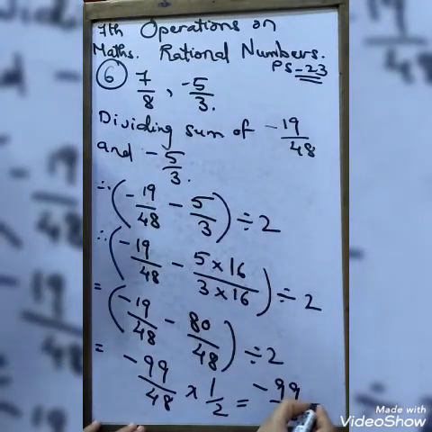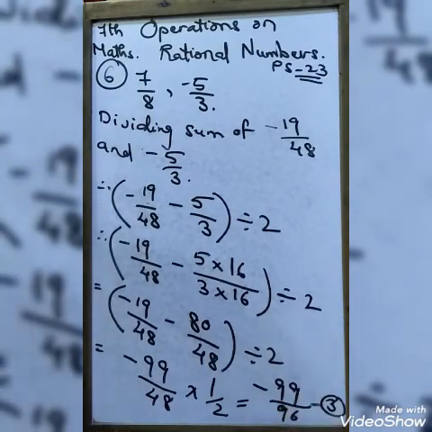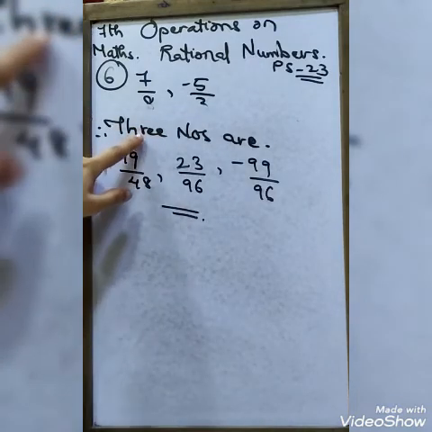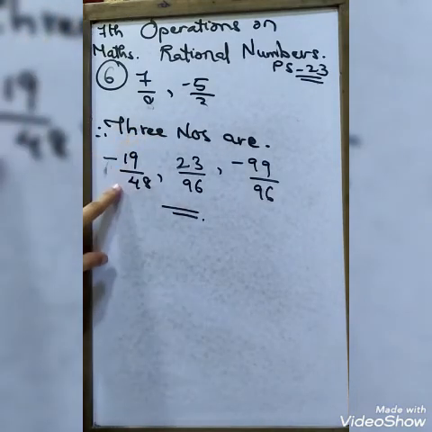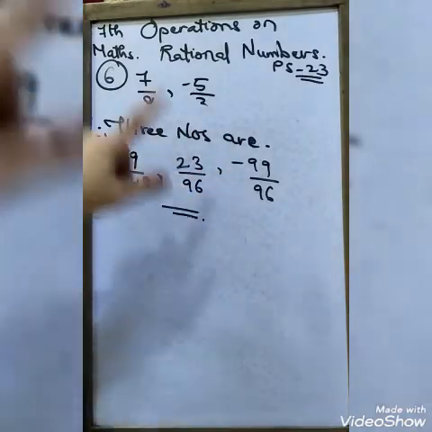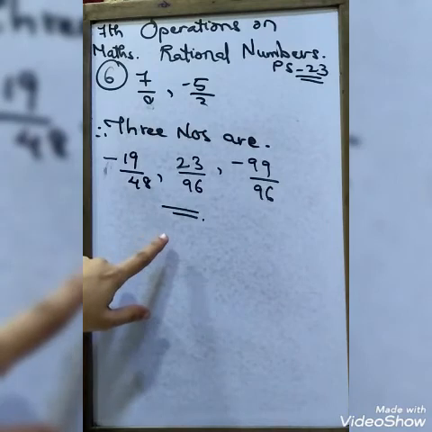Like that we have got 3 numbers. Now we will write down the final answer for the question. So here the 3 numbers are minus 19 upon 48, 23 by 96, minus 99 upon 96. Like that we have completed question number 6.